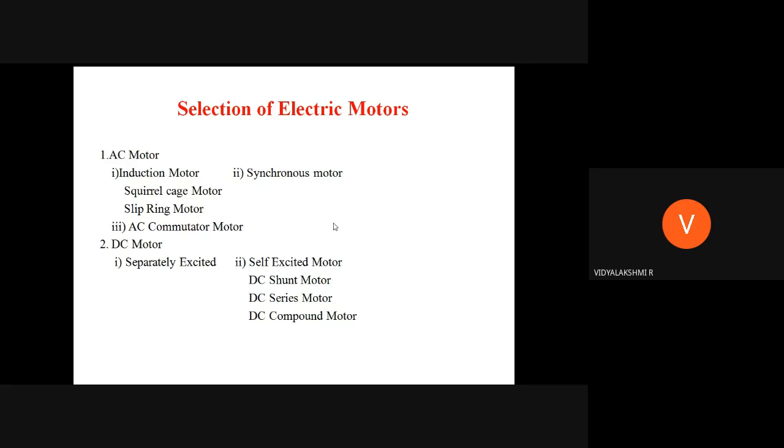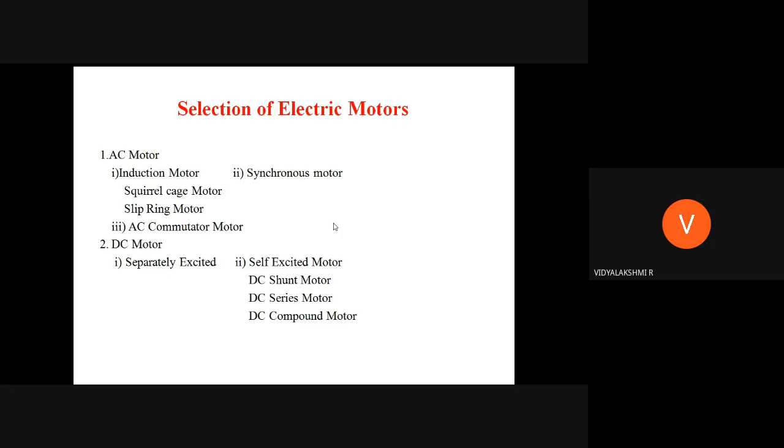That's why, compared to squirrel cage, we mostly use the slip ring induction motor. Not only can you add extra resistance, but it also gives high starting torque. If my machine has high starting torque, it can run at a high speed. So for high power applications and high speed applications, I have moved with the slip ring induction motor.